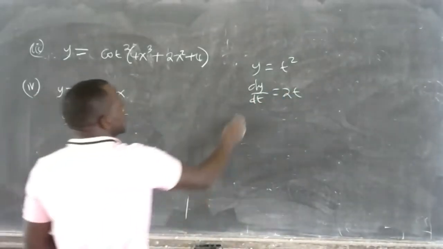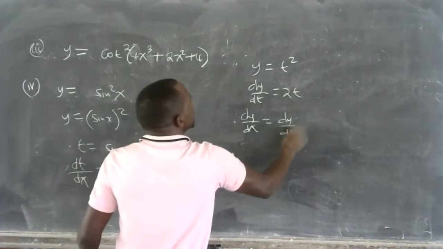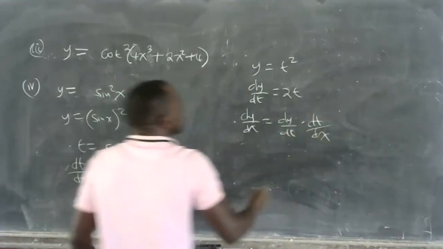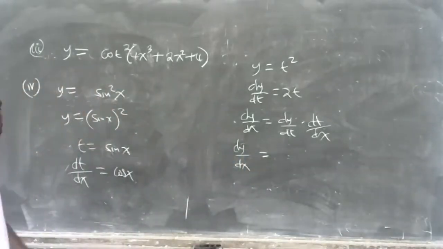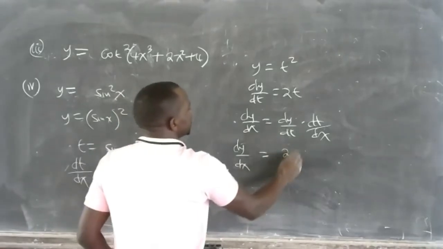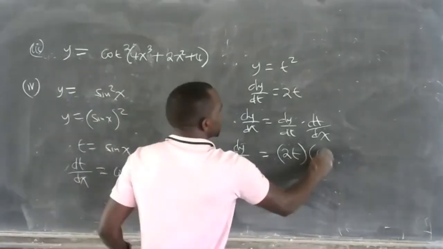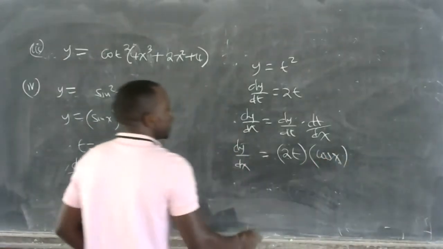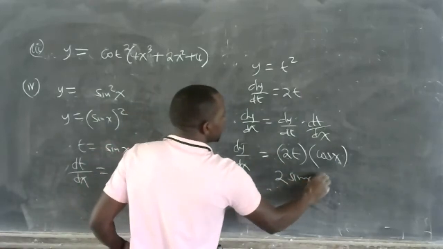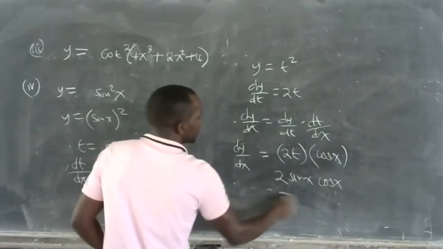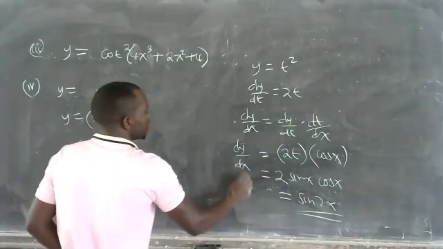By chain rule, dy/dx is dy/dt times dt/dx. Your dy/dt is 2t, your dt/dx is cos x, which becomes 2 sine x cos x, which is equivalent to sine 2x. That is your dy/dx for that question.